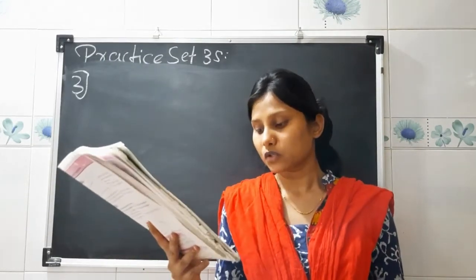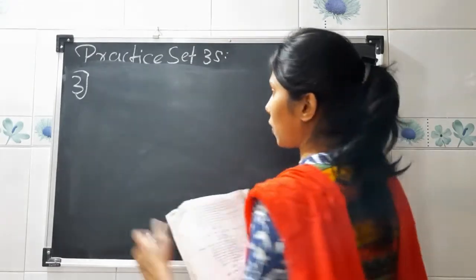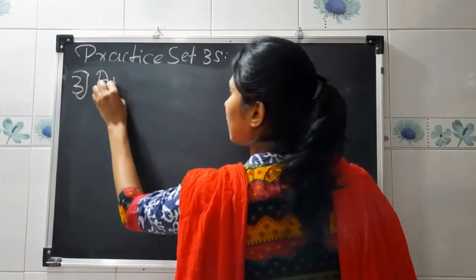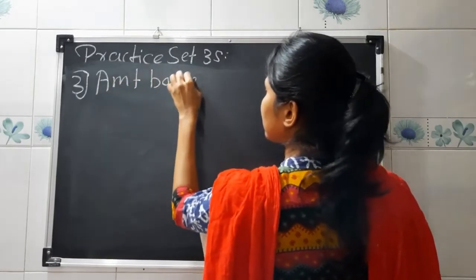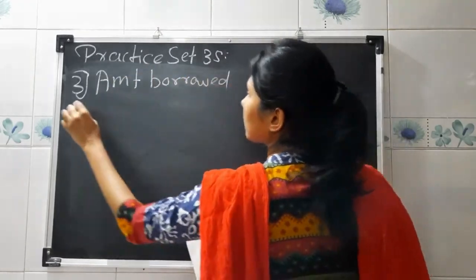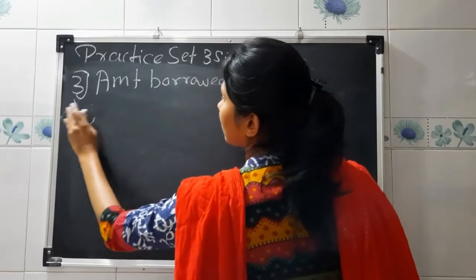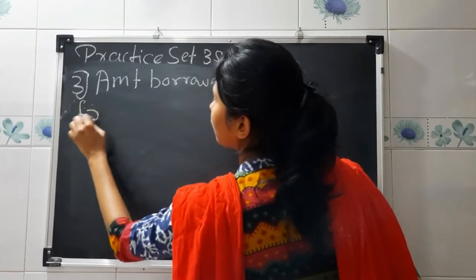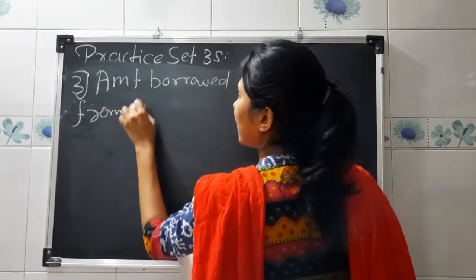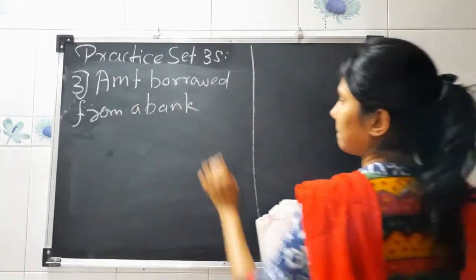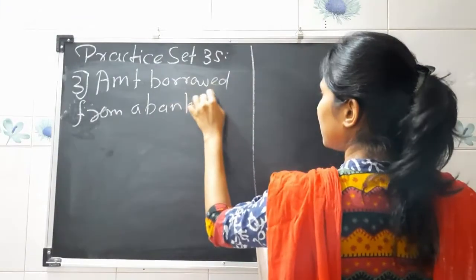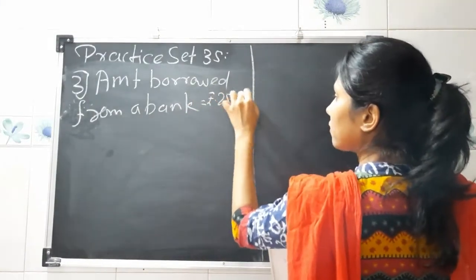So here the principal amount means the amount borrowed from a bank, rupees 25,000.